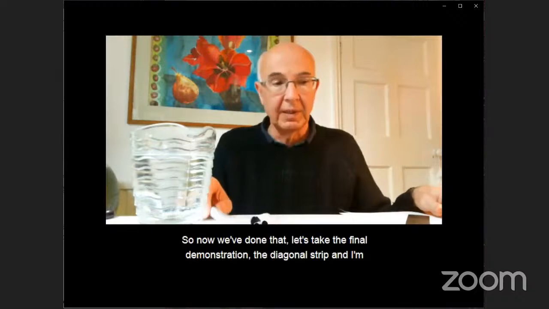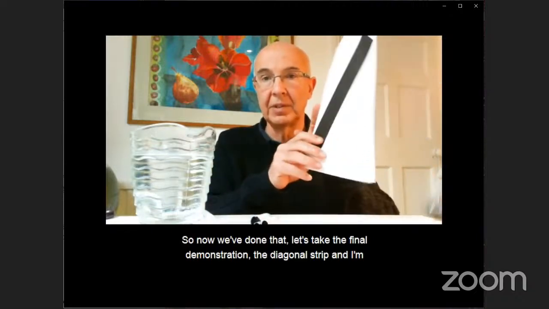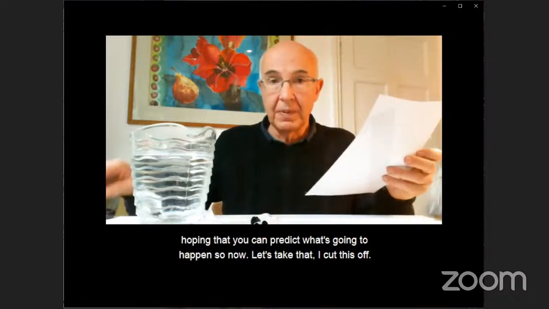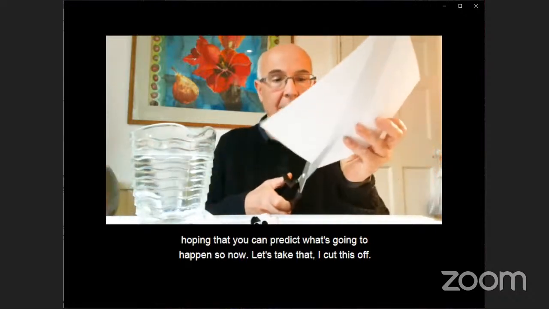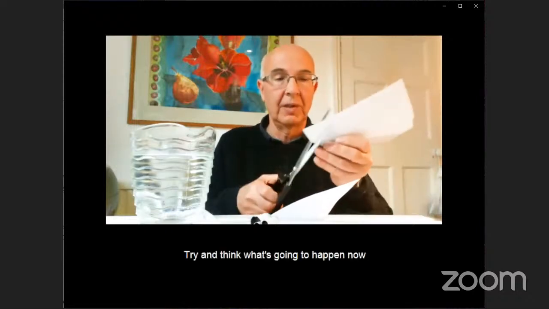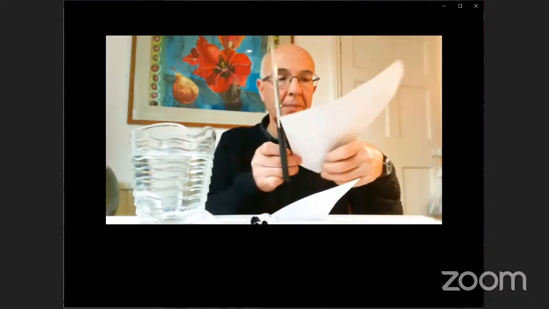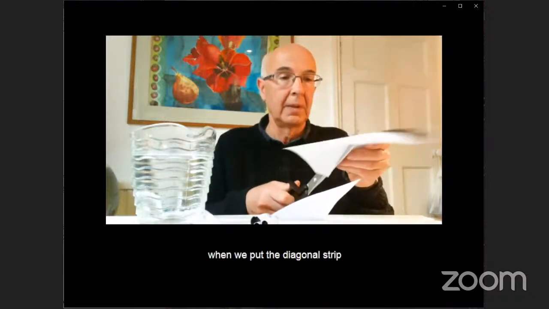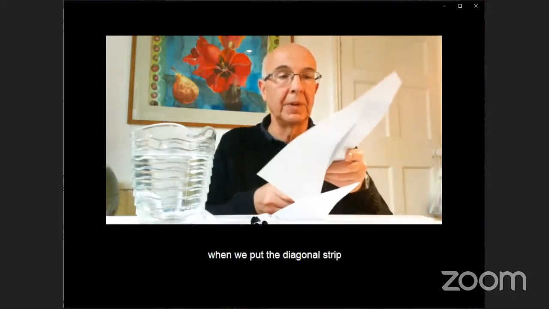So now we've done that, let's take the final demonstration, the diagonal strip. And I'm hoping that you can predict what's going to happen. So now let's take that. I'll cut this off. Try and think what's going to happen now when we put the diagonal strip in the water.